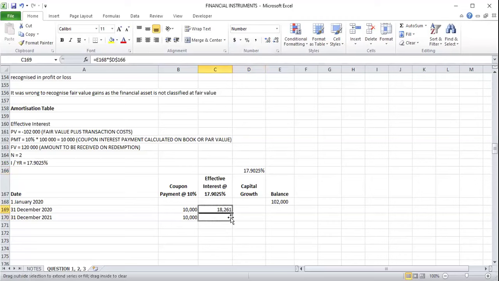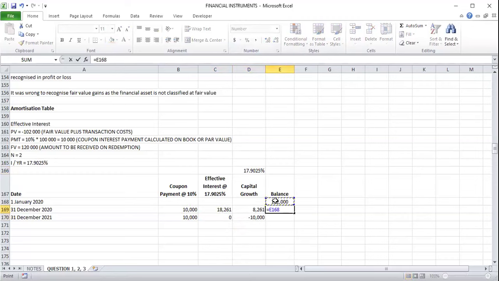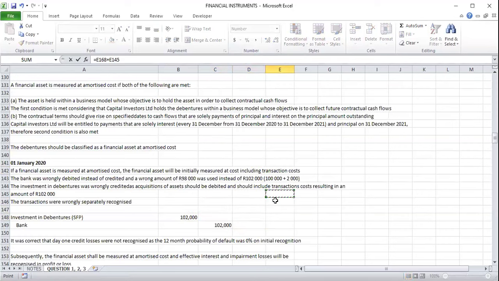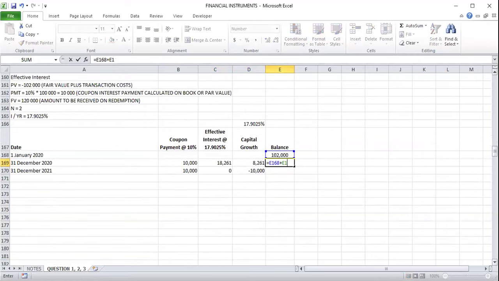I think some have already contacted me, and I hope you are sorted now. Right, so this is our amortization table.